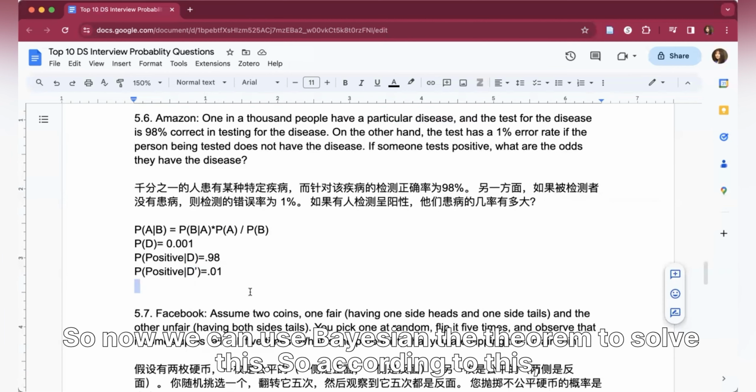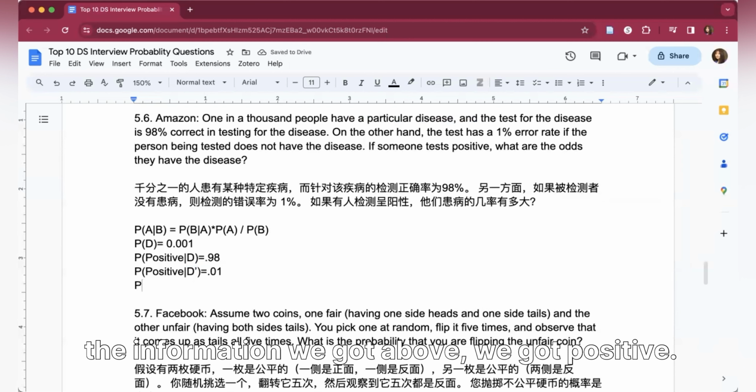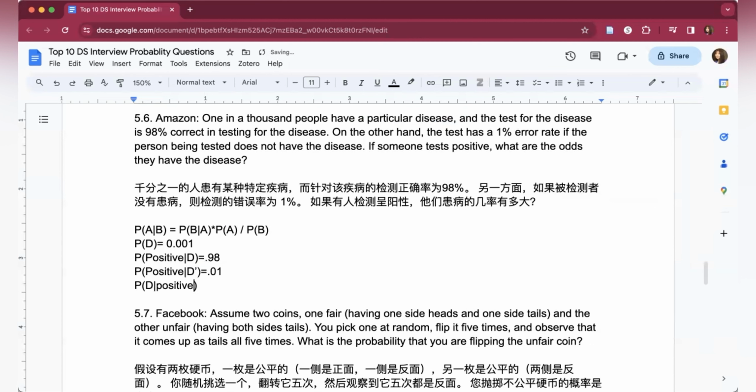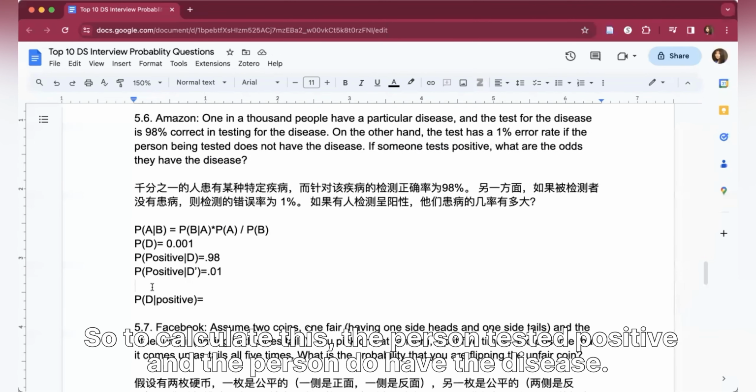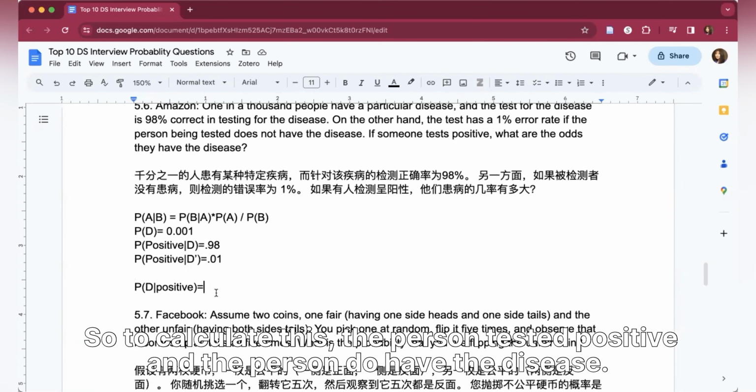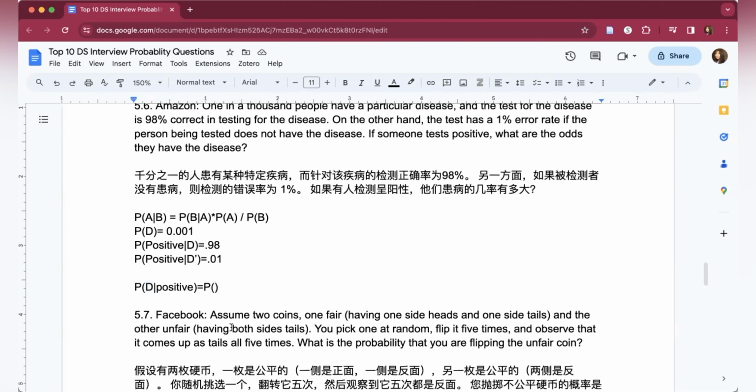So now we can use the Bayesian theorem to solve this. According to the information we got above, we want P(disease | positive). Yes, this is what we are trying to figure out. To calculate this, the person tested positive and that person does have the disease.